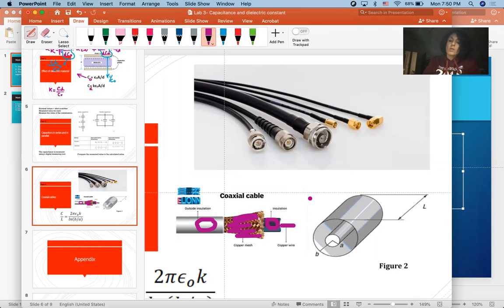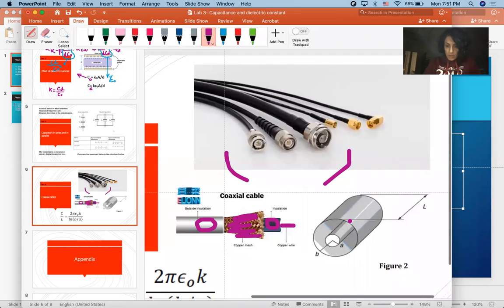Instead of having two cables separated to be connected to the positive terminal and the reference terminal, you will have two cables, but coaxial, one inside and one outside. They will act like two parallel plate capacitors, but the plates are not flat, not a square or a rectangle, they're actually a disc.